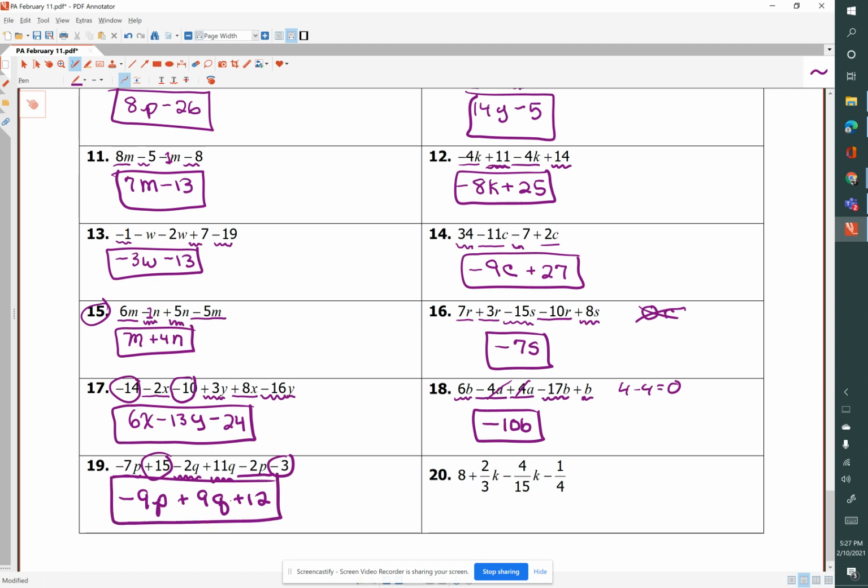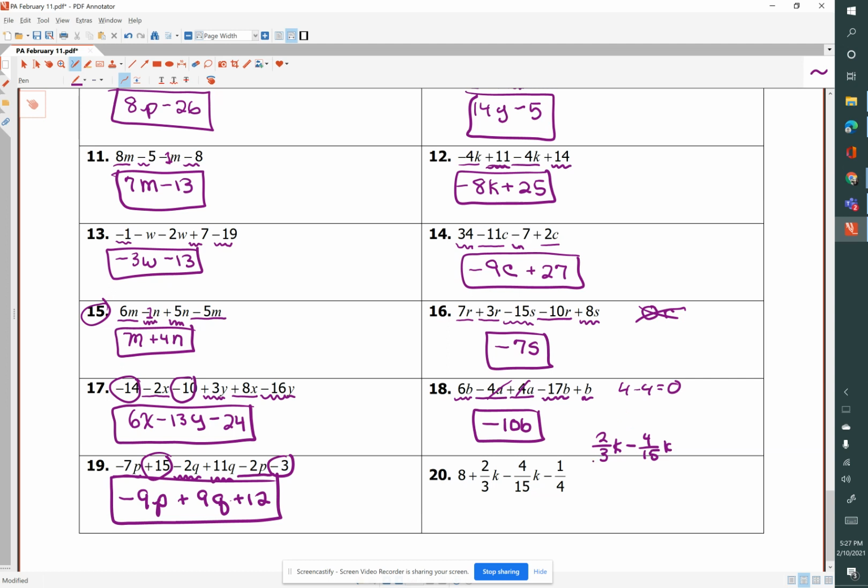And our last problem, we're going to have to do a little bit of work for this one, okay? 8 plus 2/3 k minus 4/15 k minus 1/4. So let's just look at the k terms. So we have 2/3 k minus 4/15 k.